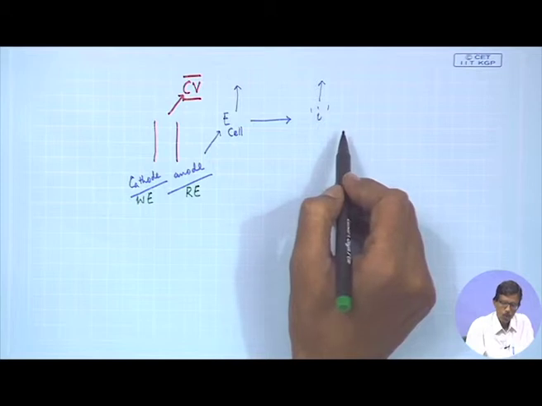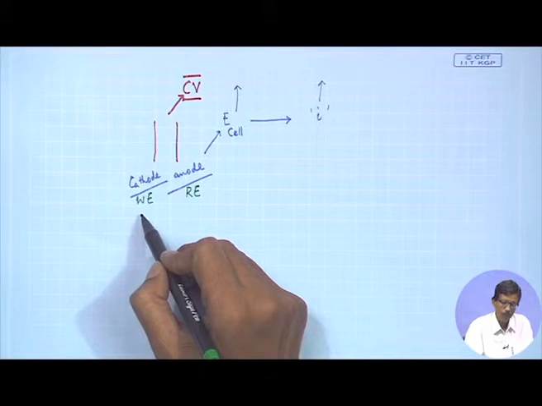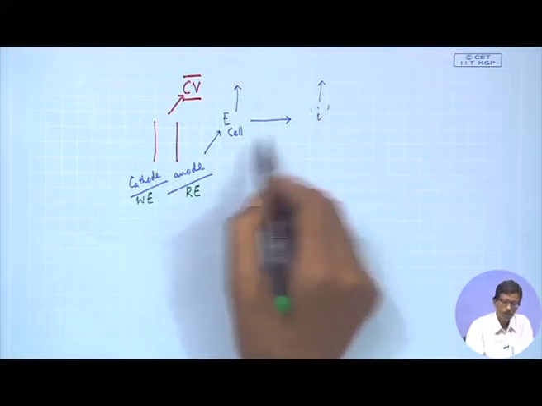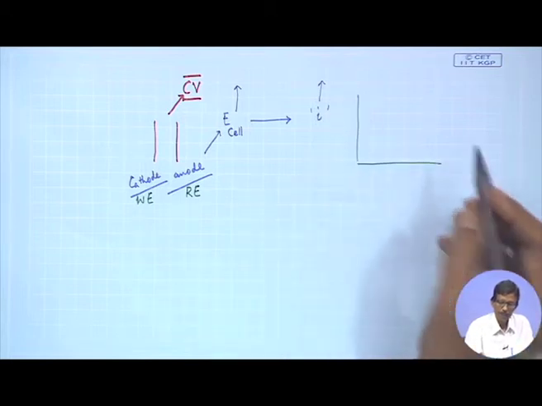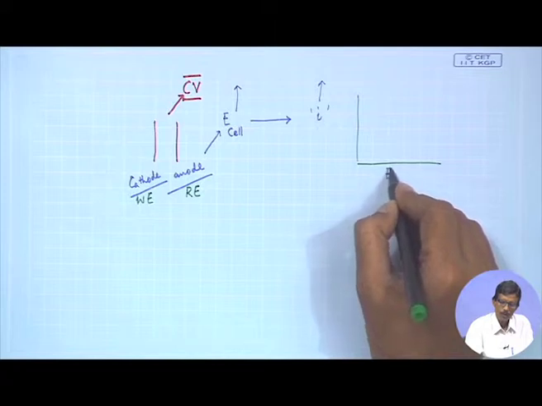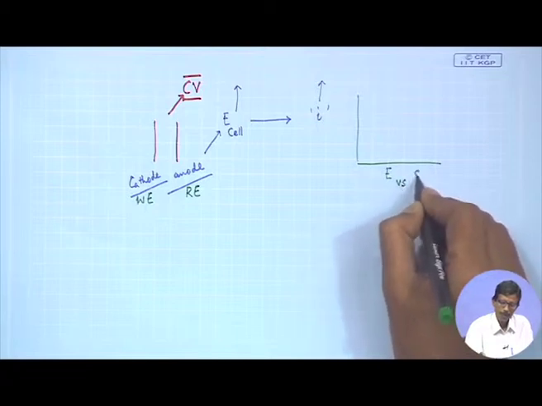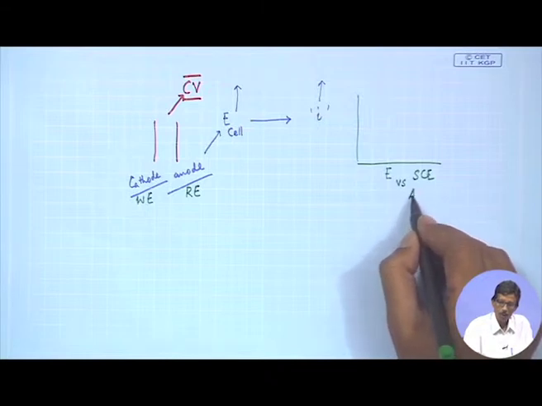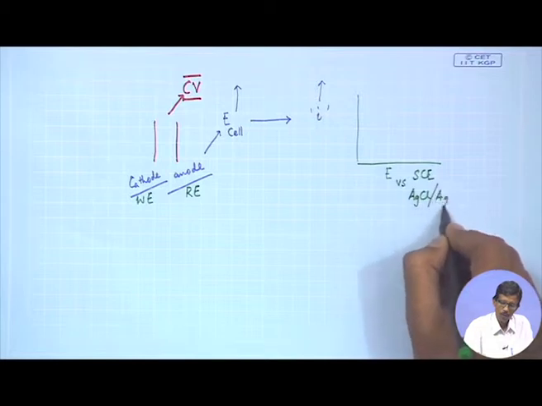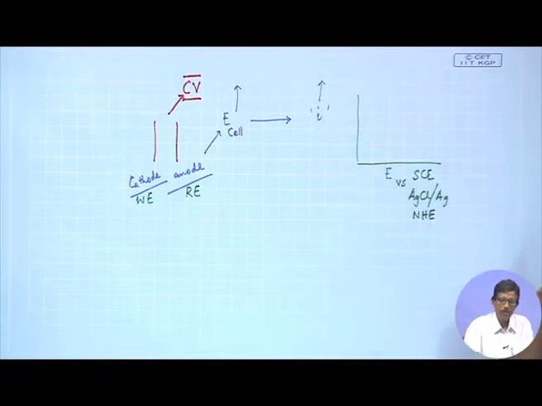But to do so, the potential of the working electrode should be monitored, because whatever plot we get will have E, which is basically the potential versus something, it can be with respect to the saturated calomel electrode, or the silver chloride silver electrode, or you can directly consider the normal hydrogen electrode.